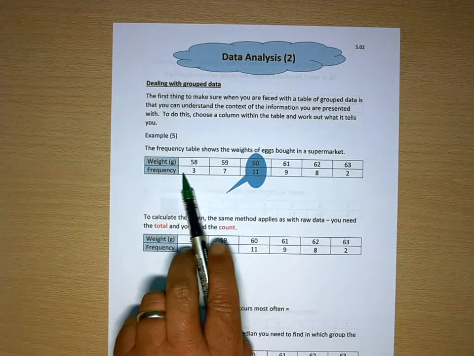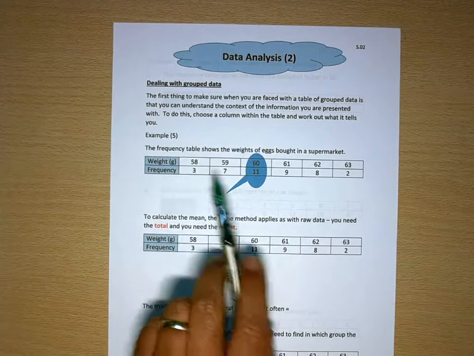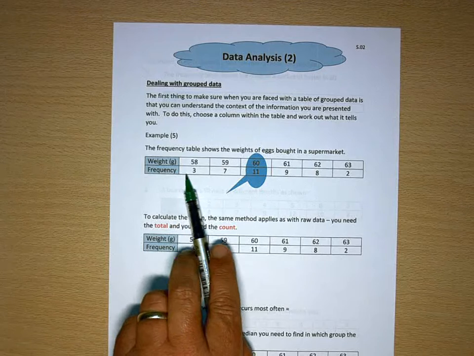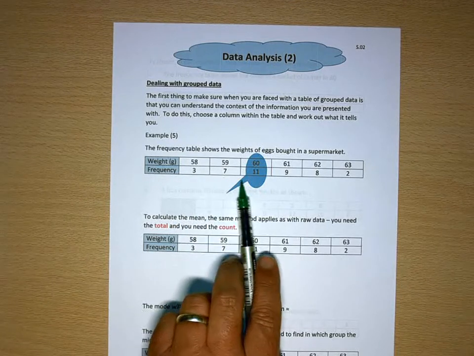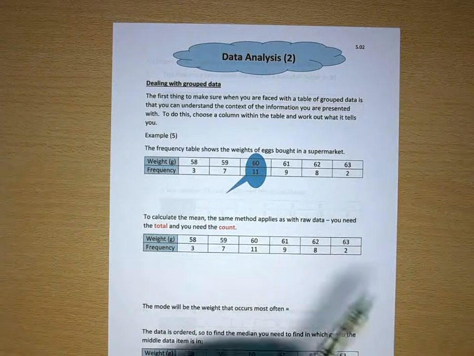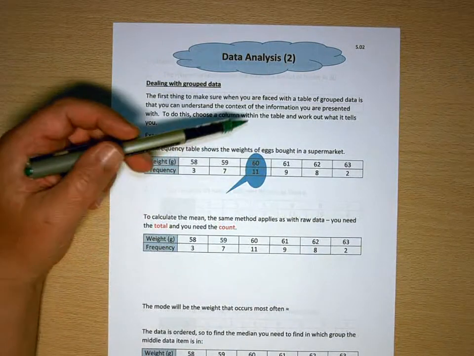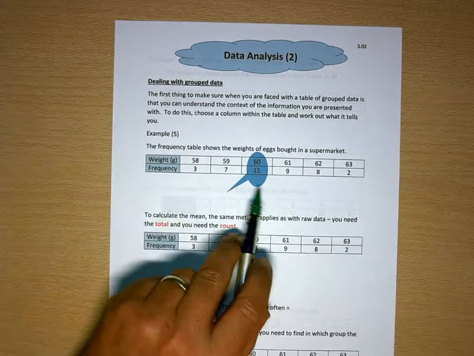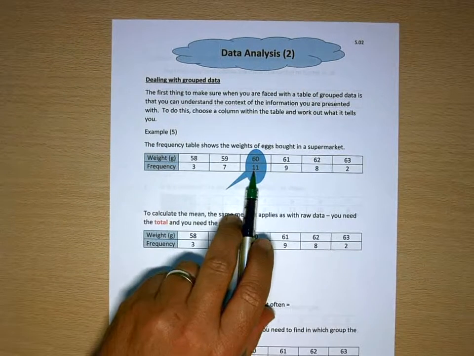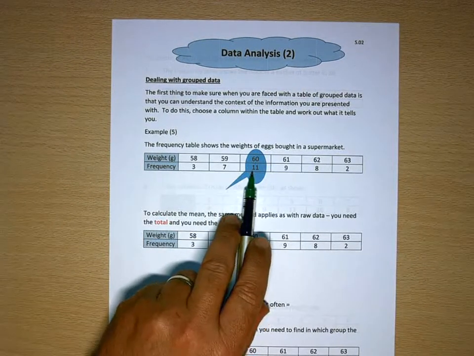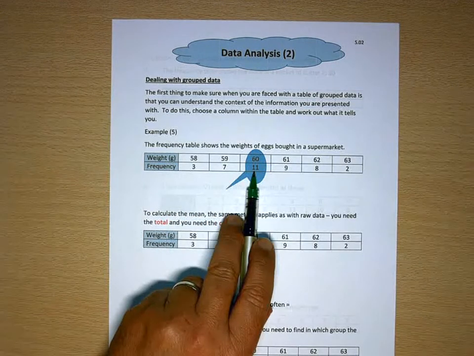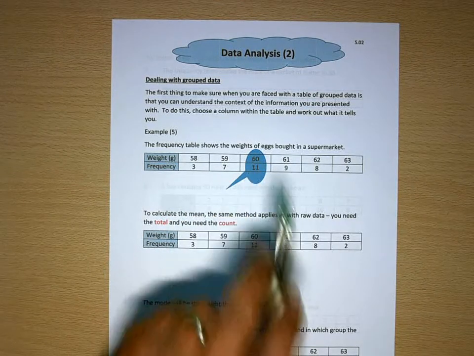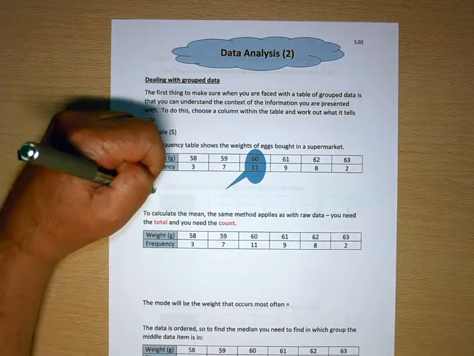And the bottom row, sorry, not column, row, gives you the frequency, the number of eggs, 3 eggs, 7 eggs, 11 eggs, and so on. Then pick a column and try and turn that into a sentence. So this one here, this is saying there are 11 eggs which weigh 60 grams.